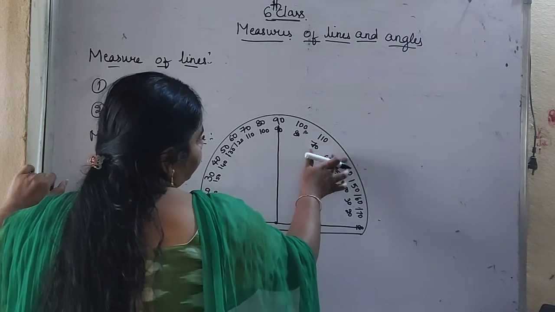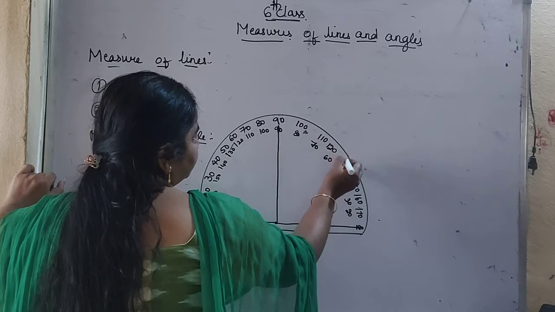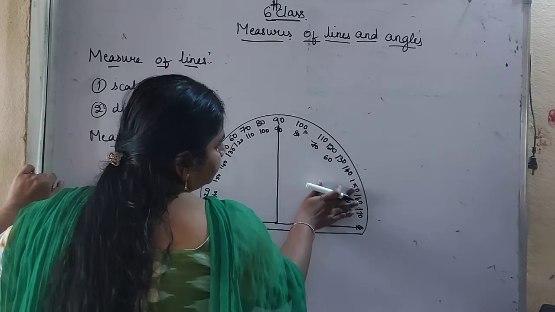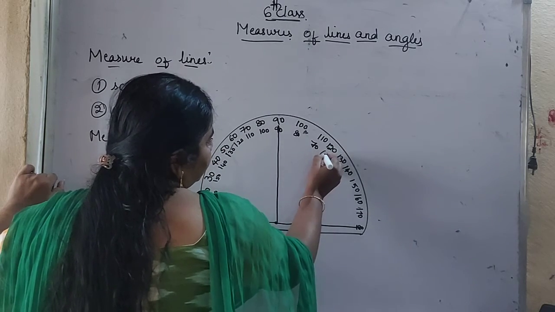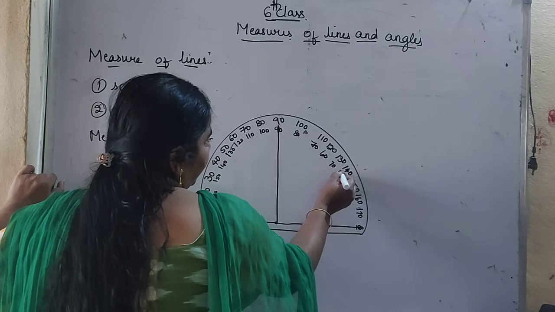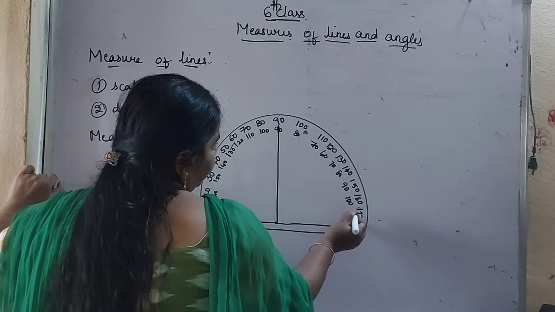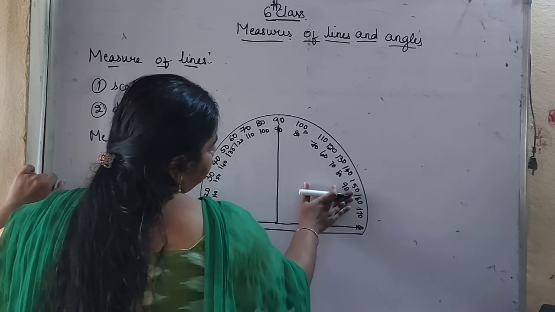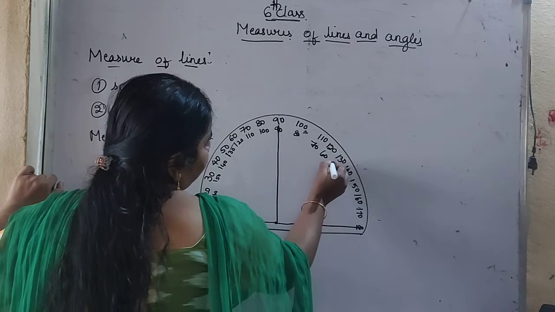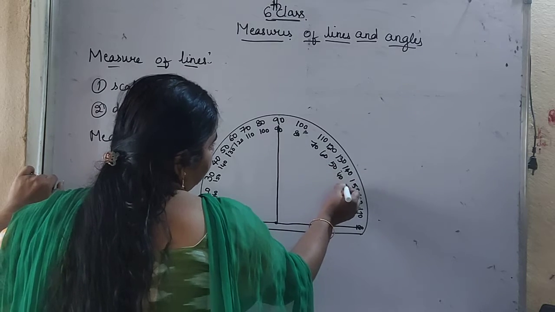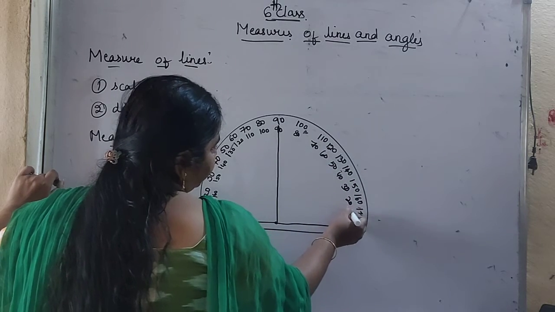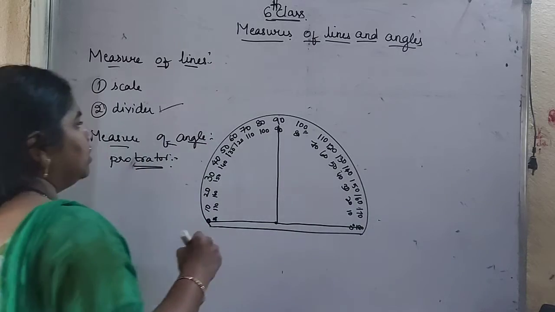I have missed 120 here. So this is 60, 70, 80, 90, 100, then 50, 40, 30, 20, 10, and this will be equal to 0.